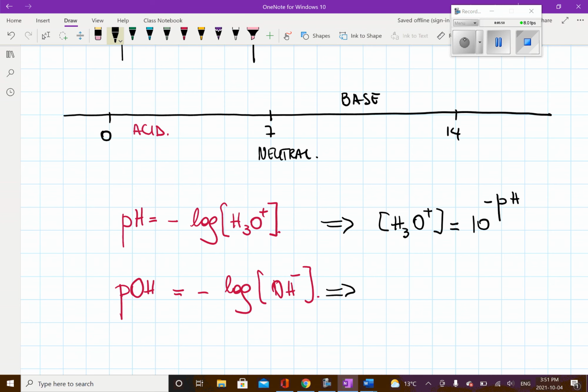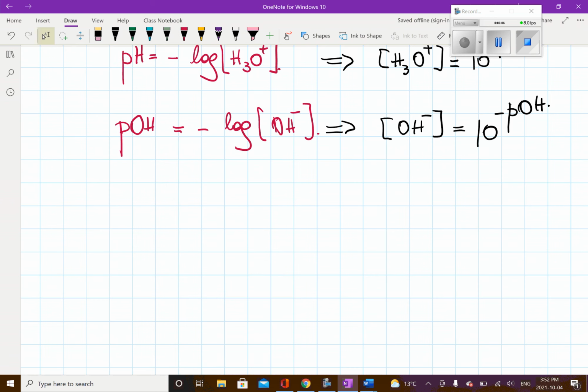And if we know the pOH, then we find the concentration of hydroxide as 10 to the power of negative pOH. At 25 degrees and some other conditions, pH plus pOH is equal to 14.